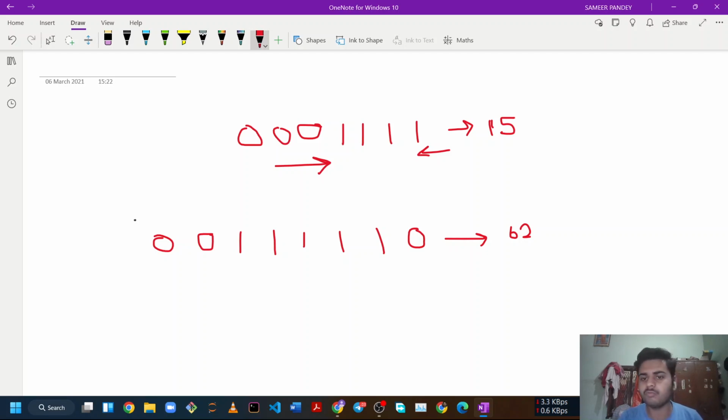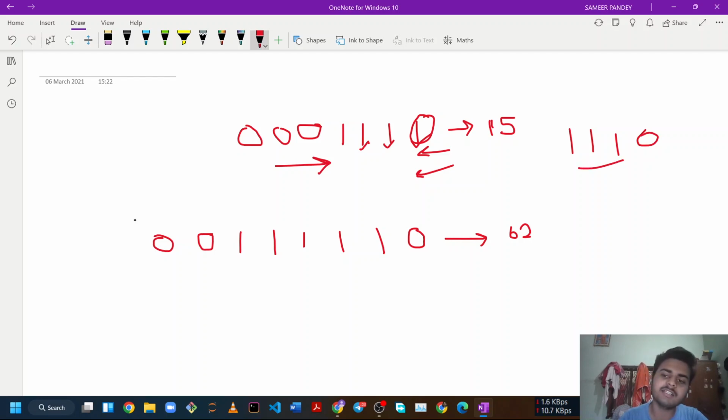If I move from the right side, I see this is a one, this is a one, this is a one, so there are three ones. We have to unset one of them. We have three options, but we are trying to keep the maximum value, so I unset the rightmost one. It becomes 1 1 0.